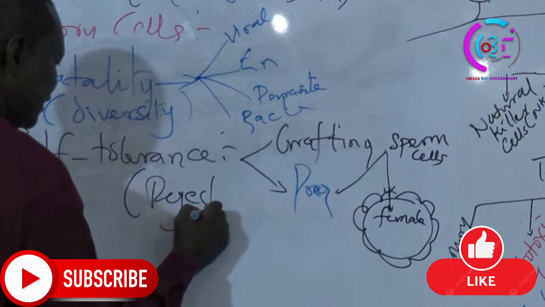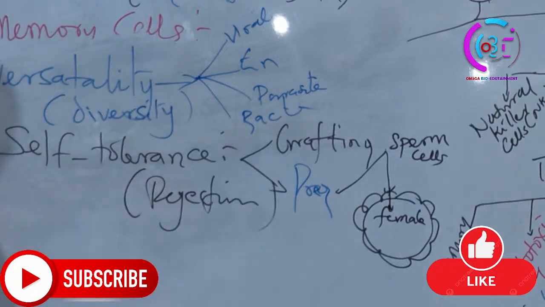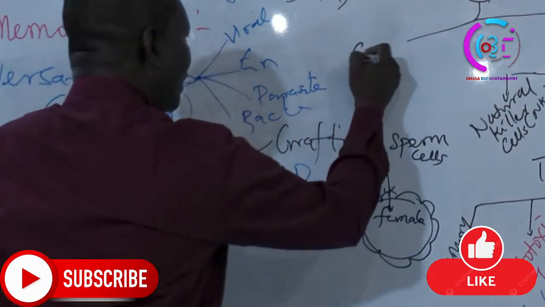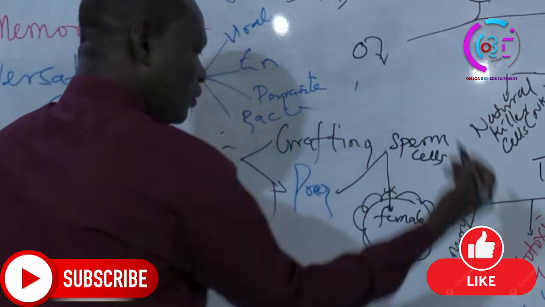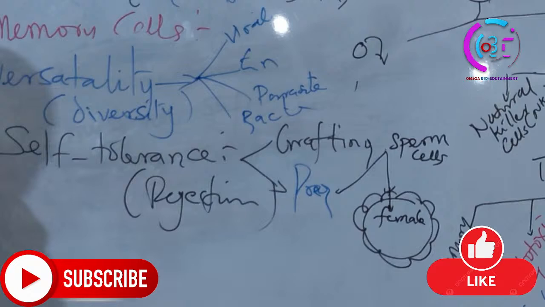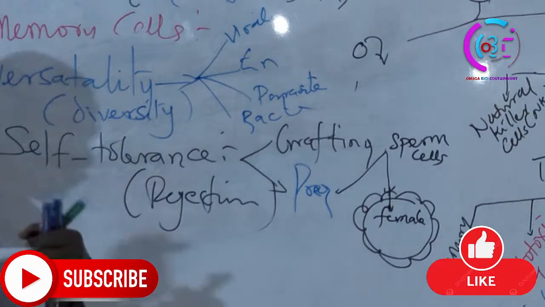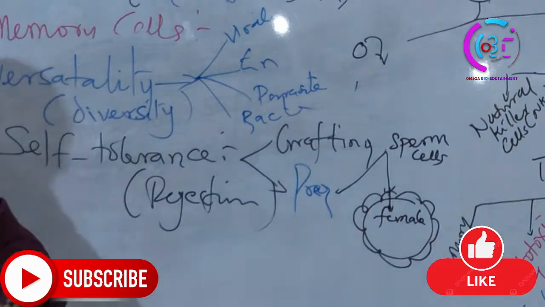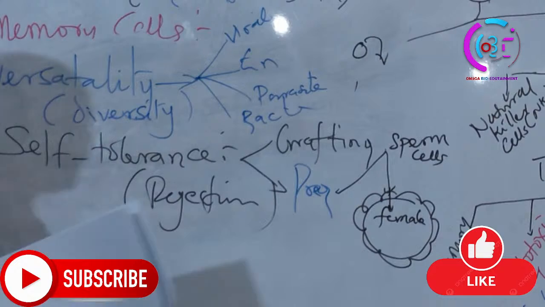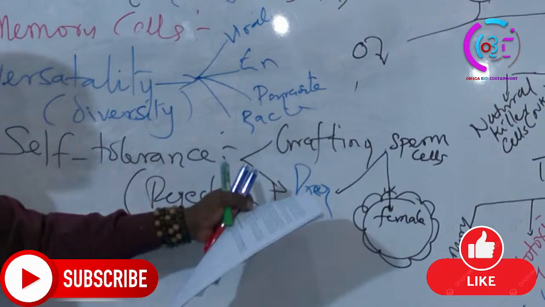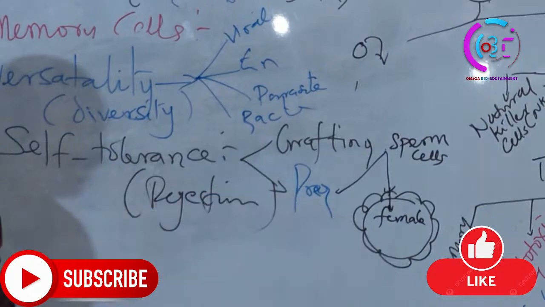They also use this self-tolerance aspect of the adaptive immune system in blood transfusion, and that's why they tell you that O can donate for O, B can donate for B. Even if it is coming from another person, if the adaptive arm of the immune system is not able to recognize it as self, that is going to lead to rejection.